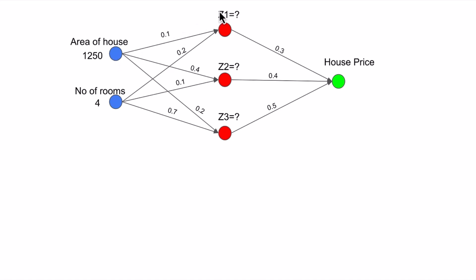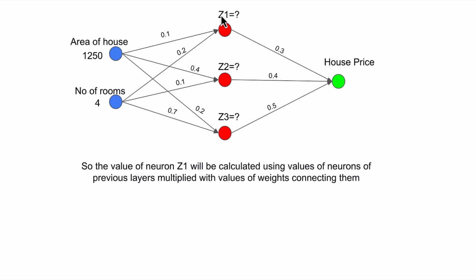Firstly, we are going to calculate the value of Z1, and it will be calculated using this formula. We take the neuron which is connected with this Z1. Firstly, we take the value of area, and then we multiply it with the weight joining these two neurons. You can see the weight value is 0.1 for this particular line. So we multiply this 1250 with this 0.1, and there you can see we are doing it.